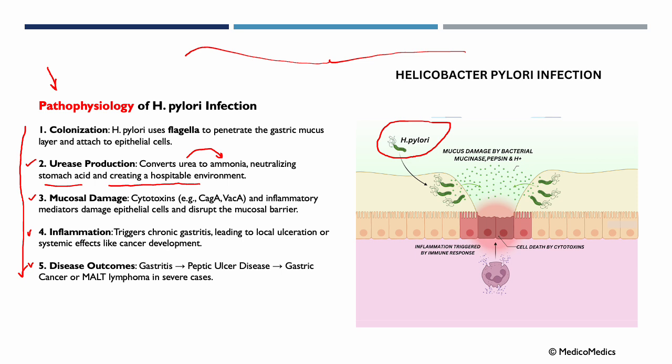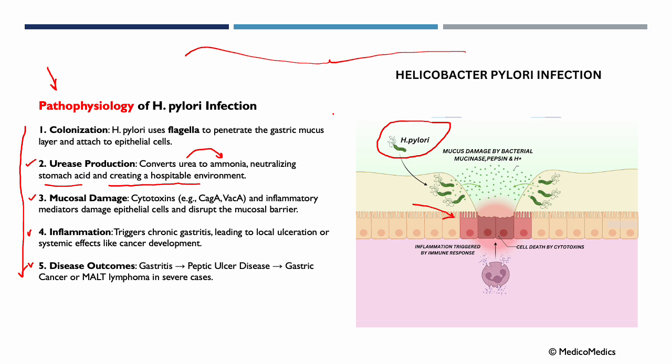Once it's settled, it begins producing enzymes like mucinase, and the acid and pepsin further contribute to mucus layer damage, exposing the epithelial cells beneath.